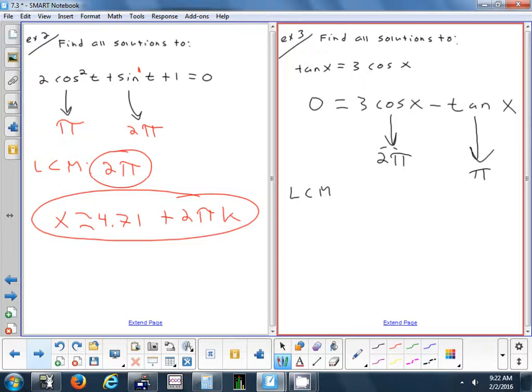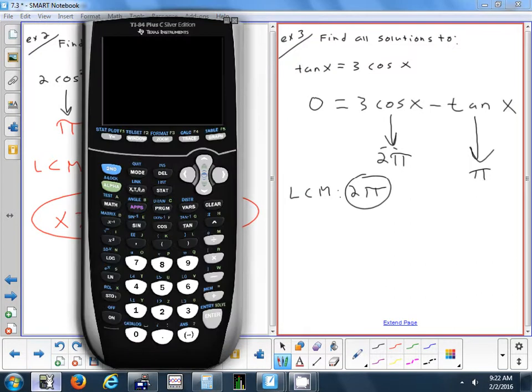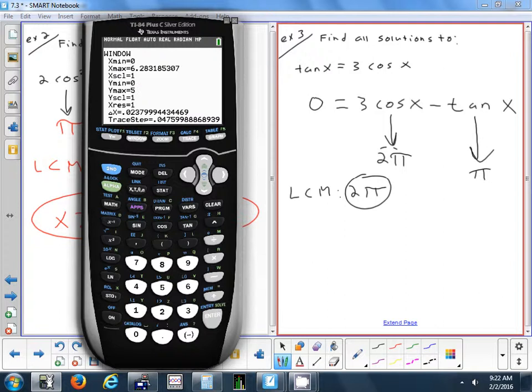So what's the LCM here? 2 pi. Yep, again, it's 2 pi. So we're going to use that for two things. It's going to be put onto the final answer, and it tells me how to set my window. Okay? The difference between your x min and max should be 2 pi. Right, I'm going to leave 0 to 2 pi. Now, cosine is bounded. What that means is it has an upper and a lower limit, 1 and -1.